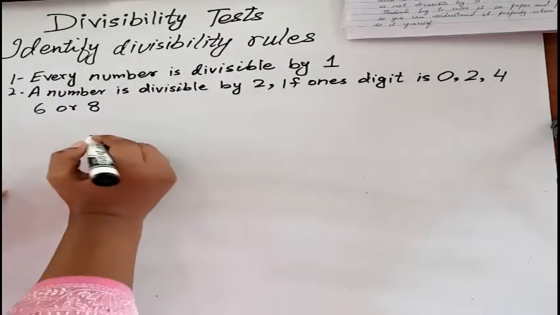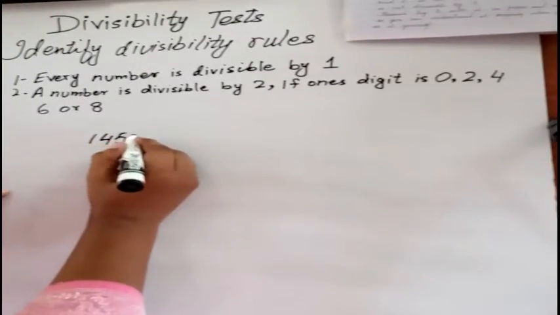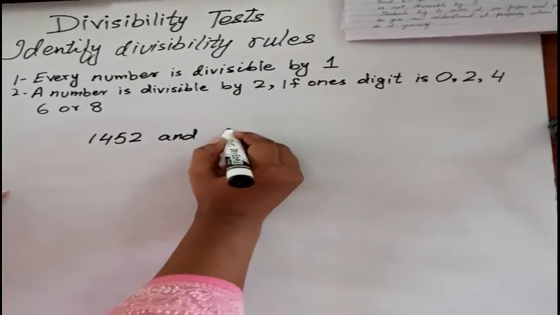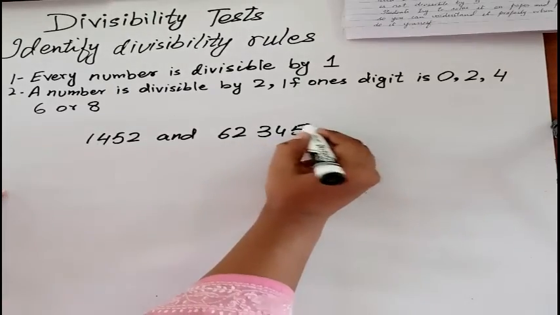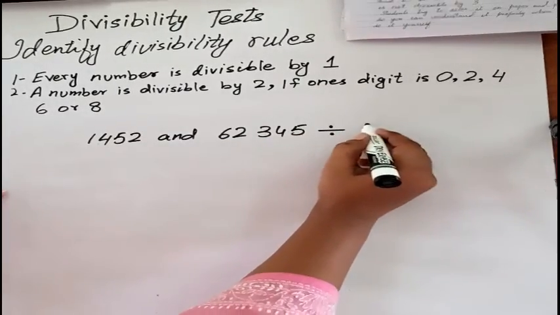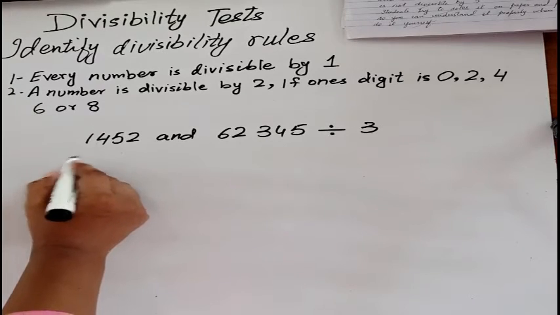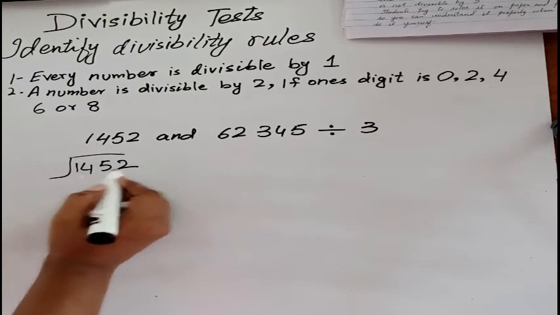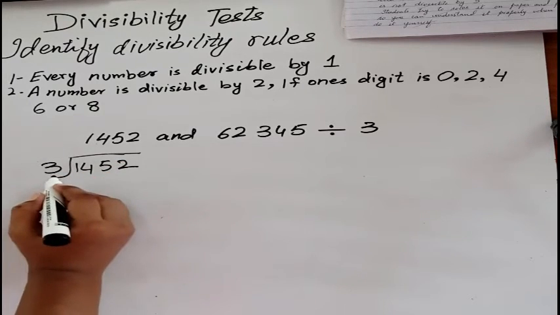The numbers are 1452 and 62,345. We will divide these numbers with 3. So students, what happened? First we have to divide this number with 3. What we will do? 1452 divided with 3. How we will divide this?